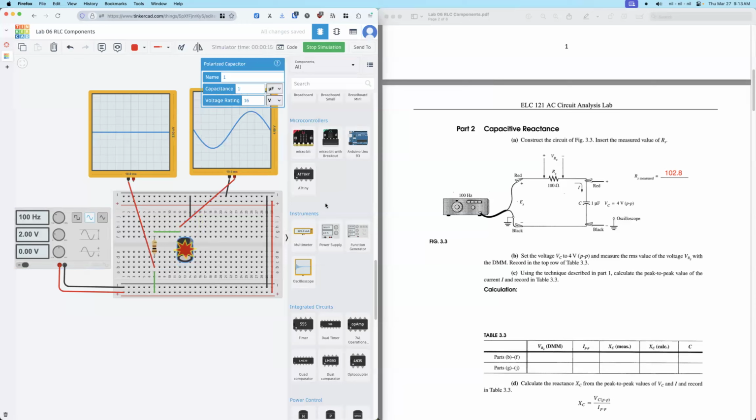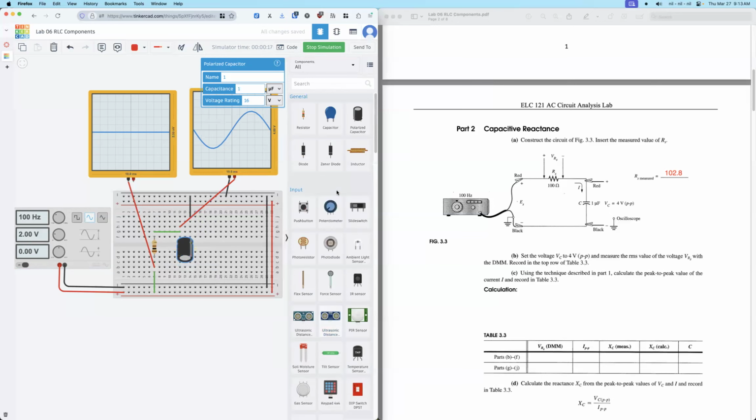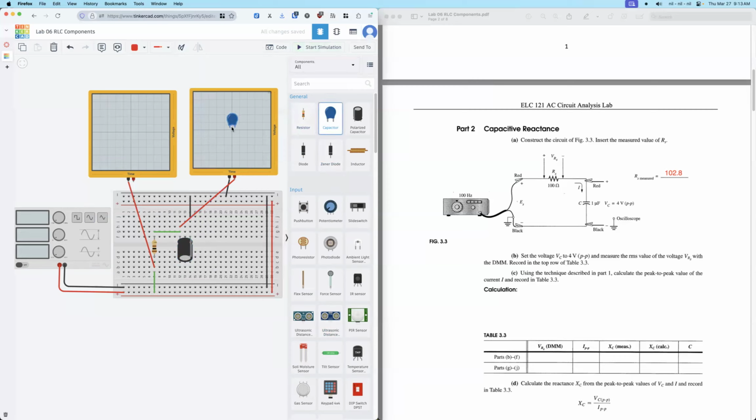Okay, so let me use another one. This one, I don't know whether I can use the 1 mil. Actually, usually disk ones don't have this so large.